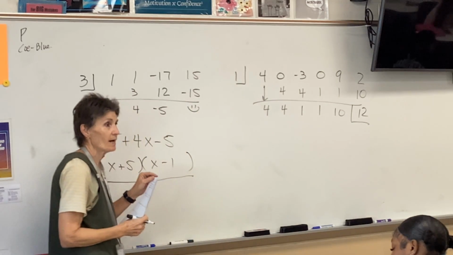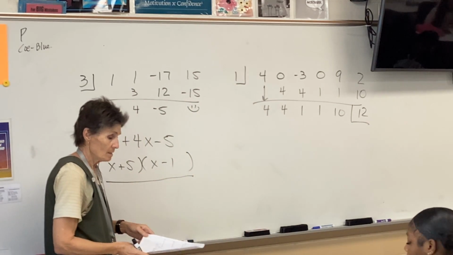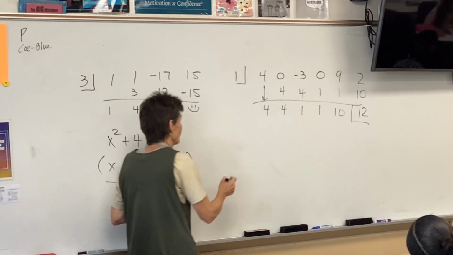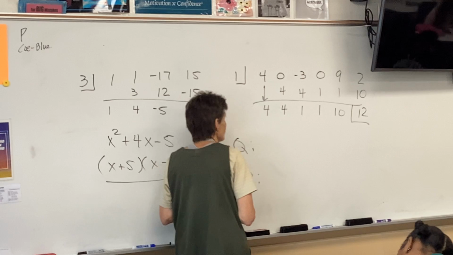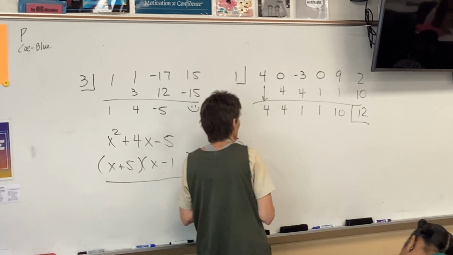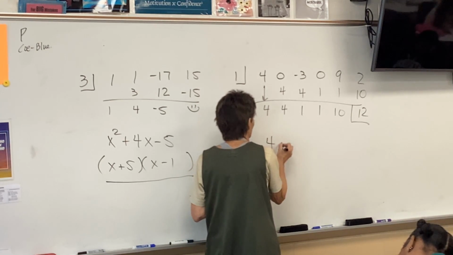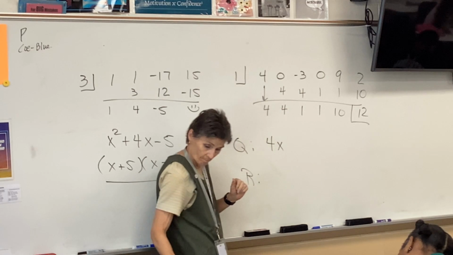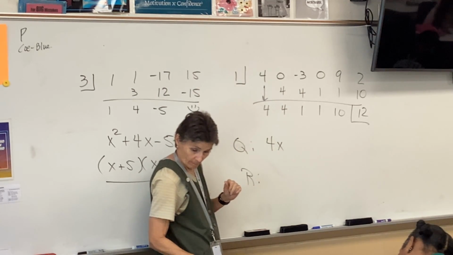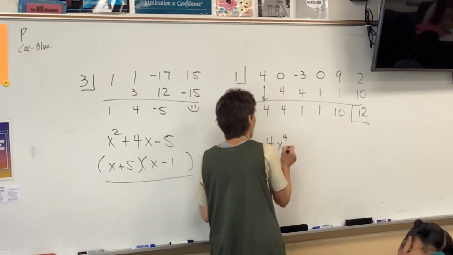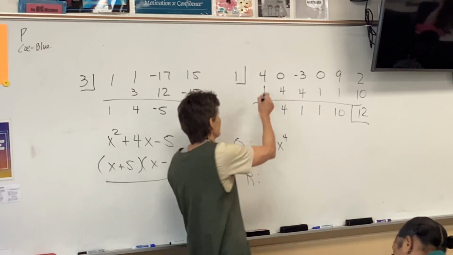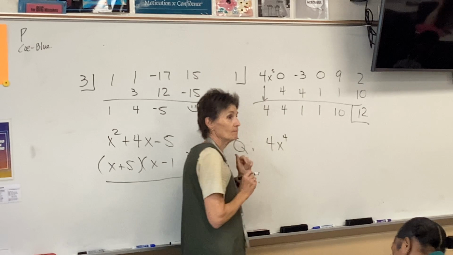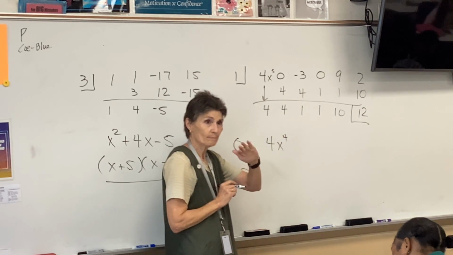Did anybody else get that? Okay. On the test, you'll have to write the quotient and the remainder. So what will the quotient be? 4x to the 4th. How do you know that? Because the original was x to the 5th, and it's always down 1.